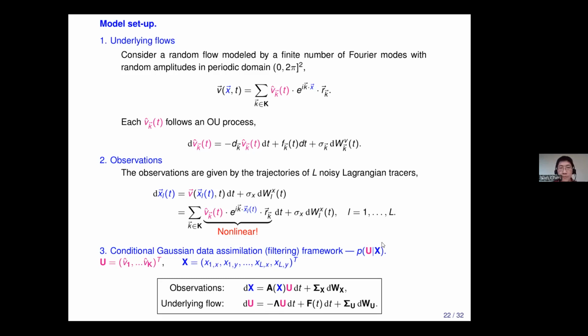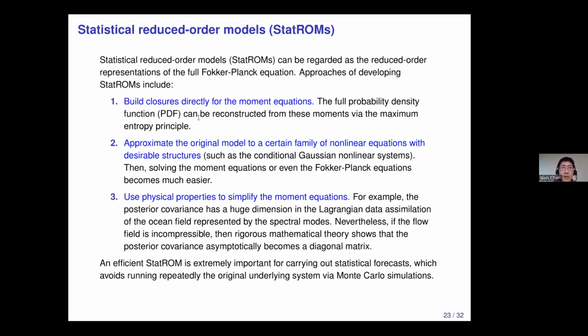So in my last maybe 10 minutes, I will discuss this statistical reduced model. A statistical reduced model can be regarded as a reduced order representation of the Fokker-Planck equation or the entire probability density function. And there are different ways to build reduced models in the statistical sense. You can, of course, write down the moment equations, then build closure directly.